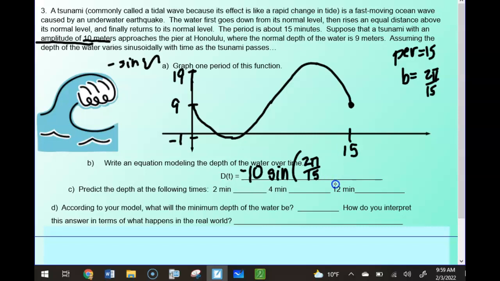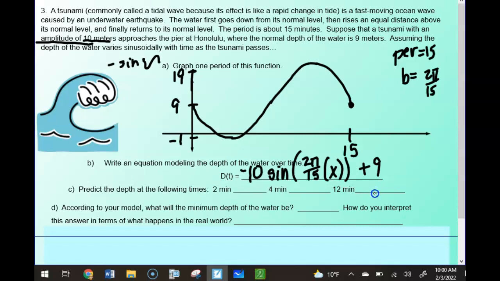Do we need a phase shift left or right? Not if we're calling it a negative sine, we don't. I think you could get by without those extra parentheses in there, but I'm going to put them in anyway. And midline, +9.